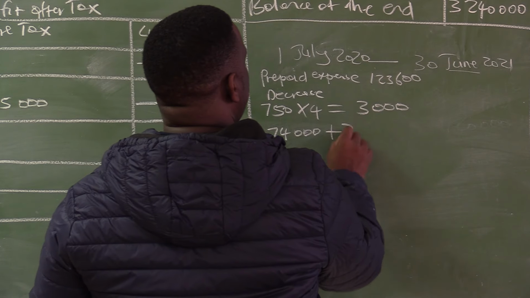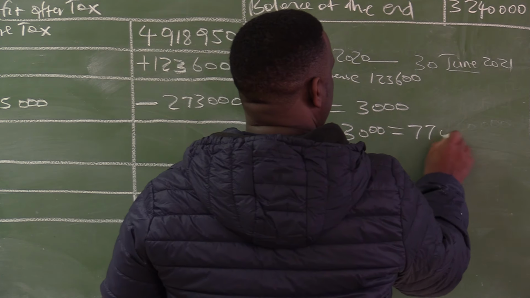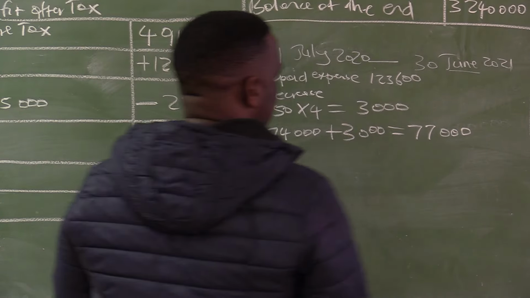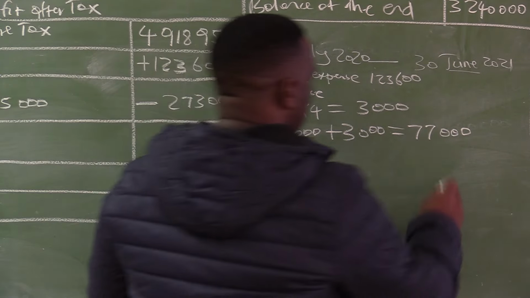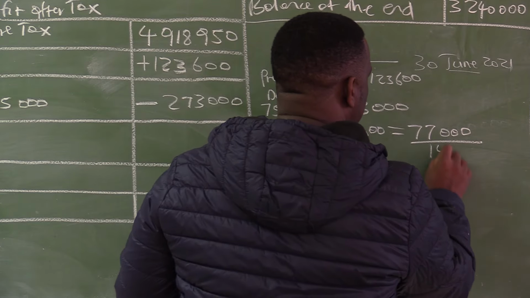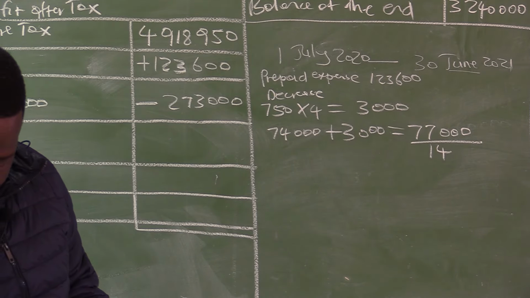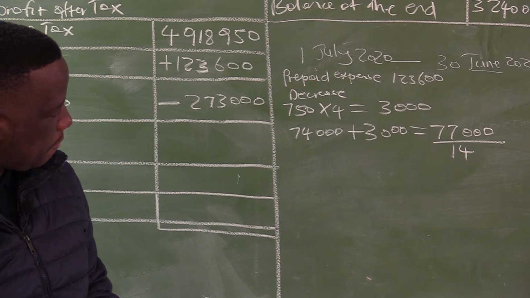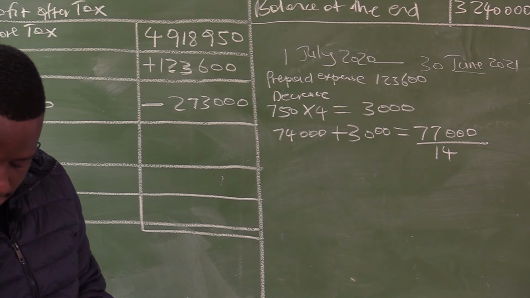So let's add back this decrease in order to get the total rent if it did not decrease. It should have been 77,000. So 77,000 divided by 14, because we want to get the rent per month before the decrease.